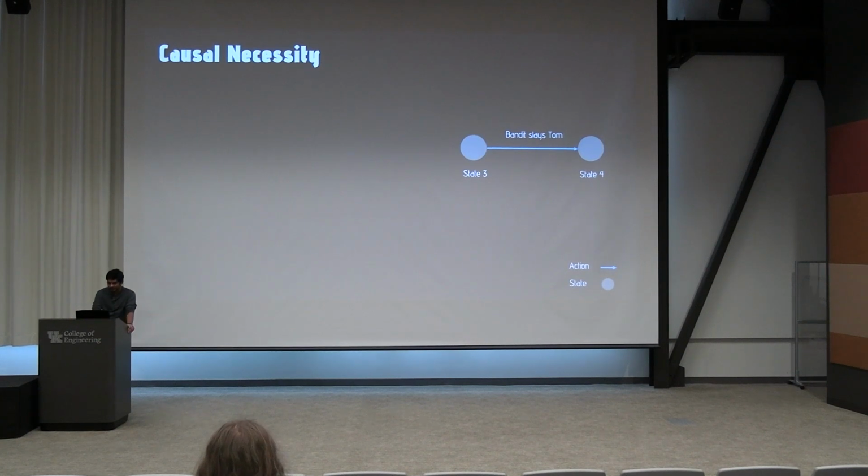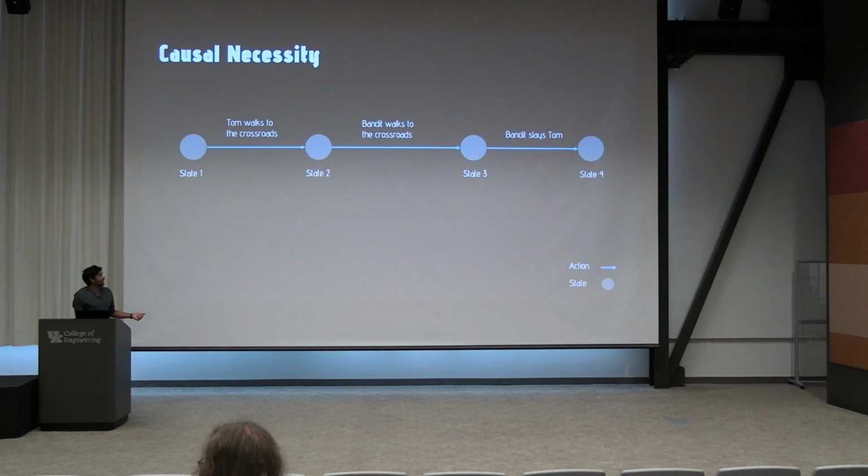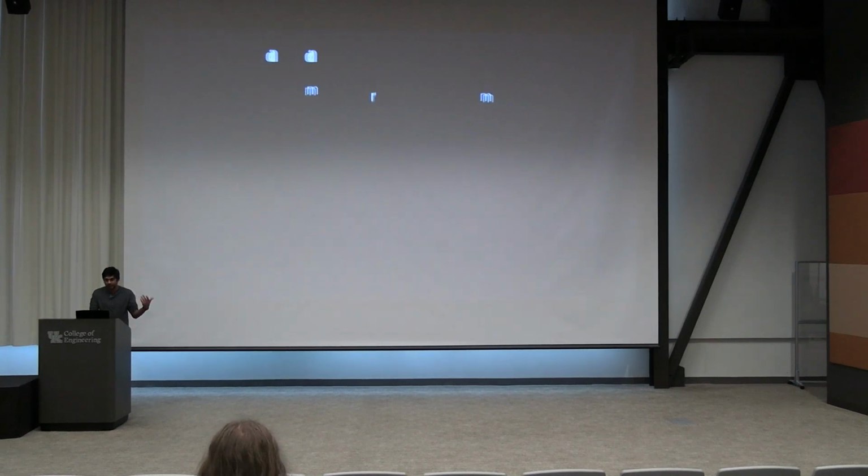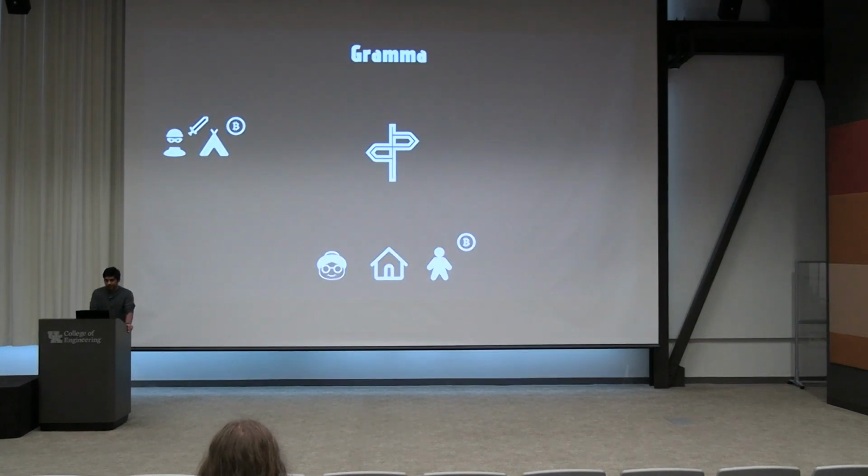In order for Bandit to slay Tom at the crossroads, Bandit needs to be at the crossroads, and also Tom needs to be at the crossroads. So both need to be at the same place. Simply, in order for Bandit to slay Tom at the crossroads, both characters must walk to the crossroads.